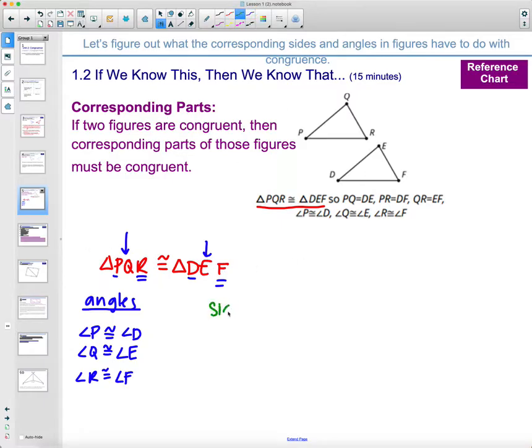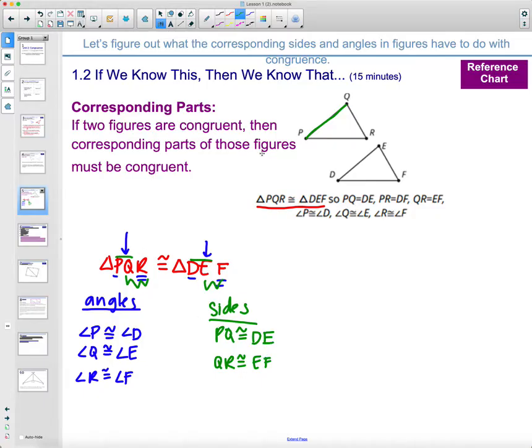Same with the sides. We name sides by 2 letters. So this is side PQ. You're going to be able to get that from this congruence statement. PQ, the first 2 letters, is congruent to DE, the first 2 letters in the next triangle. QR is congruent to EF, because they're the last 2 letters.